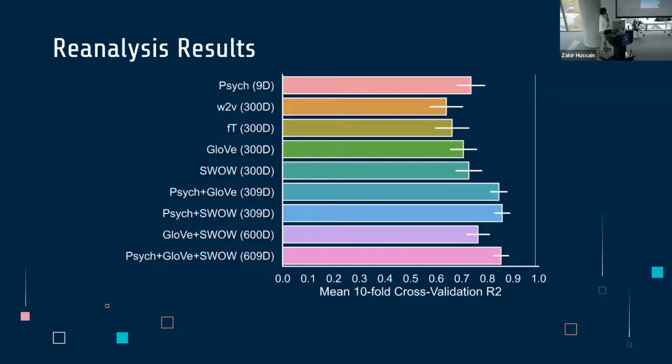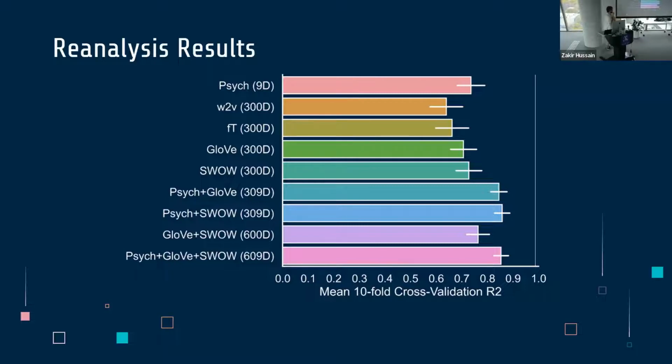And also you can see that perhaps, if you look at psych plus GloVe plus SWOW, and you compare it to psych plus SWOW or psych plus GloVe, when you add one of the text-based models, for instance, SWOW onto psych plus GloVe, you're not really getting much extra performance. And you might ask, why is that?